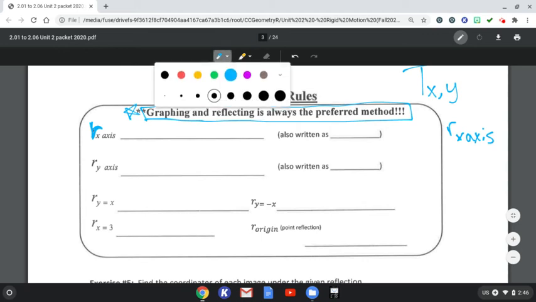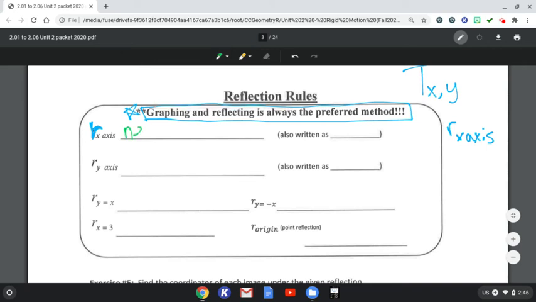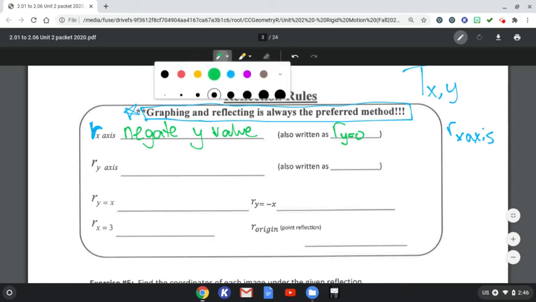So these little shortcuts I'm going to write down are if you really get stuck, or some of you just prefer to look at it. When you reflect over the x-axis, you're going to negate the y value of your ordered pair. Another way to write reflection in the x-axis is to reflect in the line y equals 0. Those two things interchange.